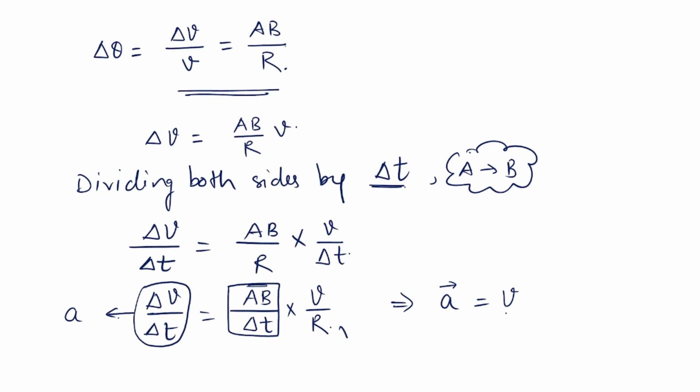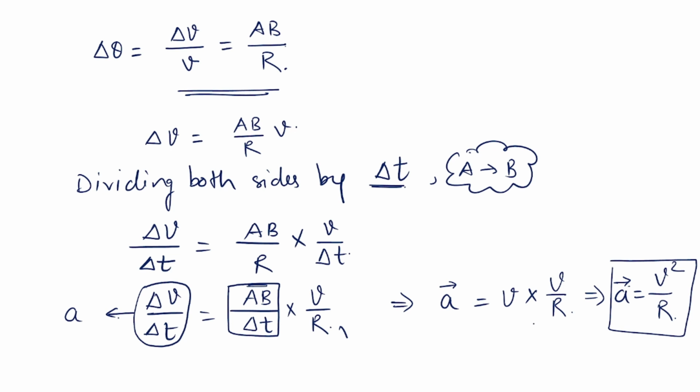So let's say that velocity v into v by r. So finally we can write a is equal to v squared by r, and this is the formula of centripetal acceleration. And centripetal acceleration is a vector quantity, so I'm using an arrow over the letter a.